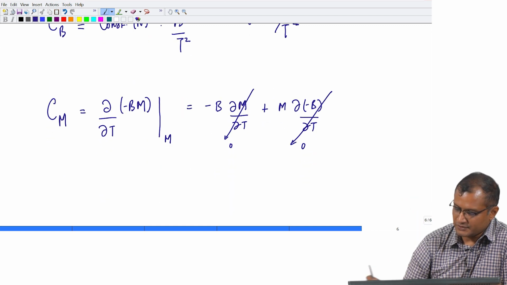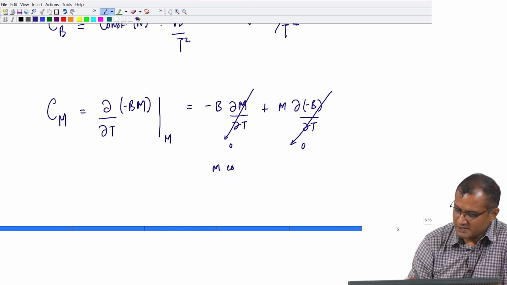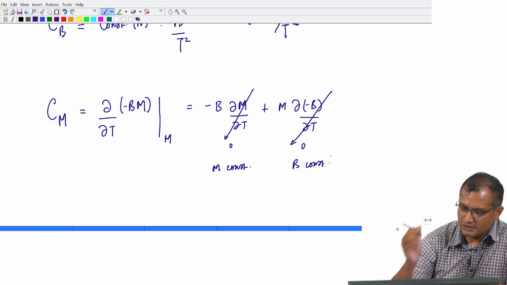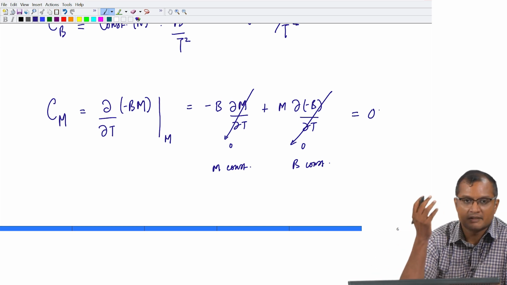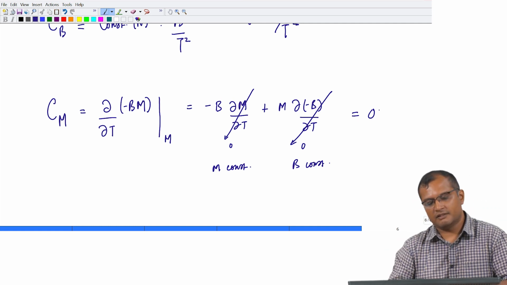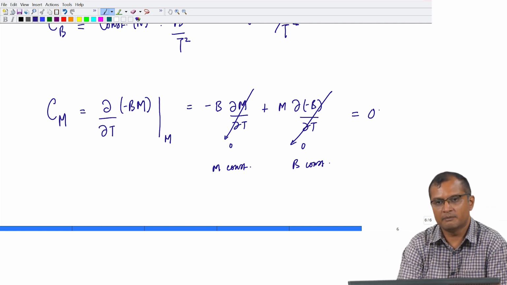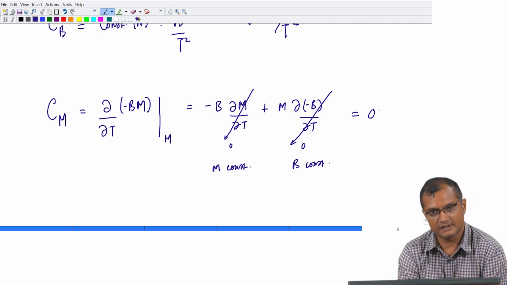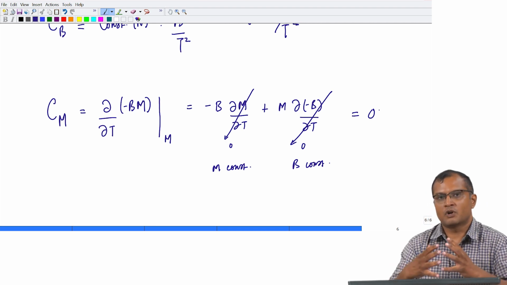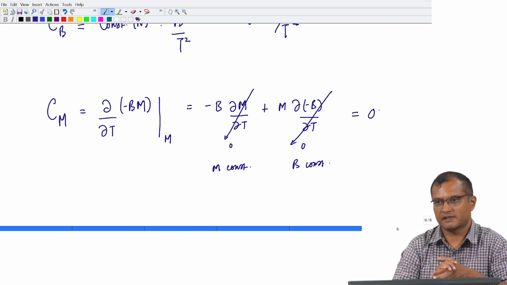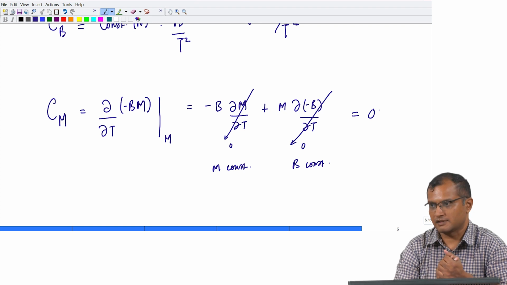Because M is constant, the first term goes to 0 and B is the constant applied magnetic field. So, this is 0. You cannot hold magnetization constant in this system, and hence the heat capacity at constant M is 0. That would mean asking what is the energy required to change the temperature of the system keeping magnetization constant.